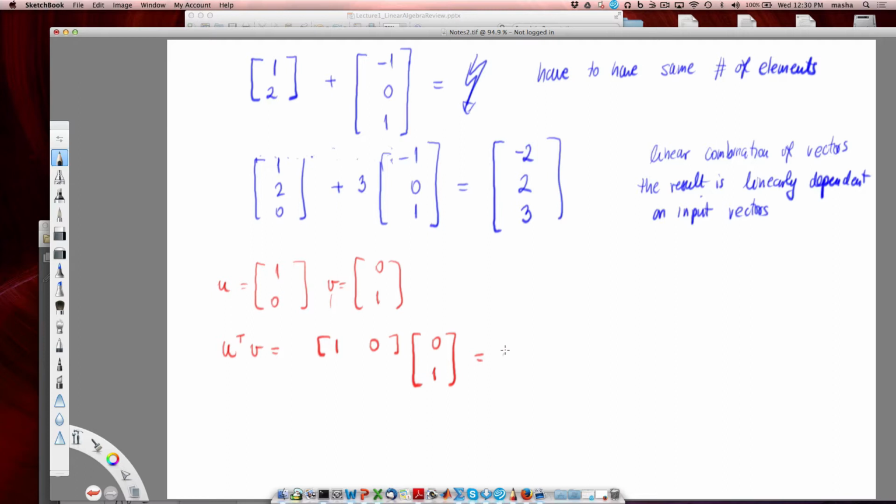So it's 1 times 0 plus 0 times 1, and this is indeed 0. So cosine theta is 0 divided by the norm of U and the norm of V. This is norm 1, this is norm 1. Either way, it's 0 over 1, it's 0. So theta is indeed 90 degrees because cosine of 90 is 0. So in this case, we say they're orthogonal.